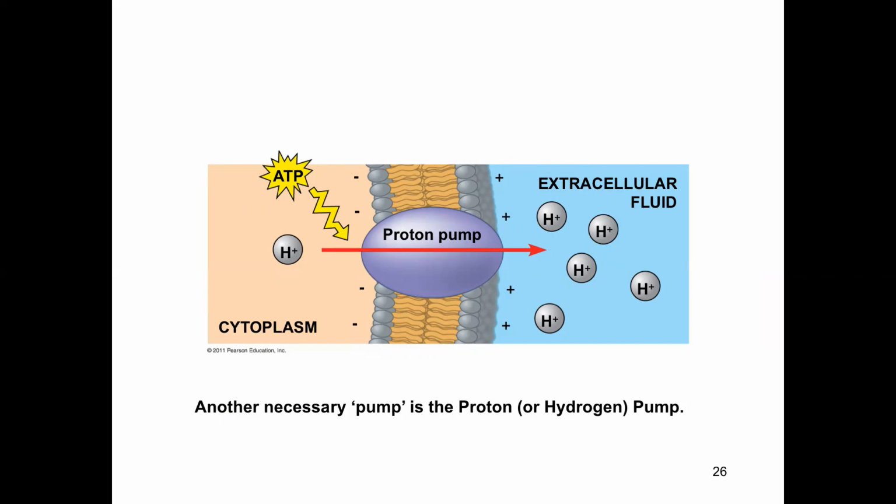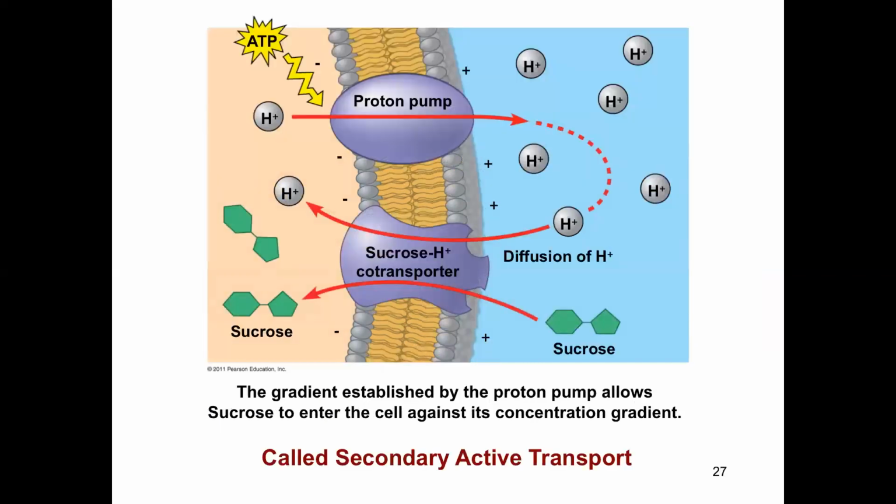So now imagine that this hydrogen is like water and it's going to flow down its concentration gradient. As you'll see here, we have our proton pump, and then it flows down its concentration gradient, and that energy can be used to transport other things against their concentration gradient. So something like sucrose, for example, going into the cell.